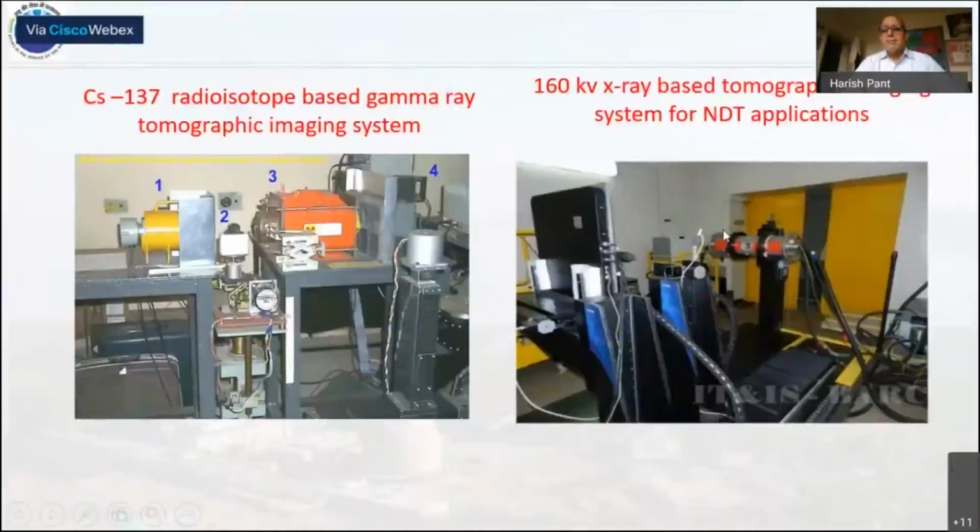Here the X-ray machine is used for producing the X-rays, and those X-rays are used for scanning. This is a flat panel detector, this is the manipulator, and this is the object. One can mount the object on this manipulator, and the manipulator will rotate, and then it can be scanned, and again the tomographic image can be produced.